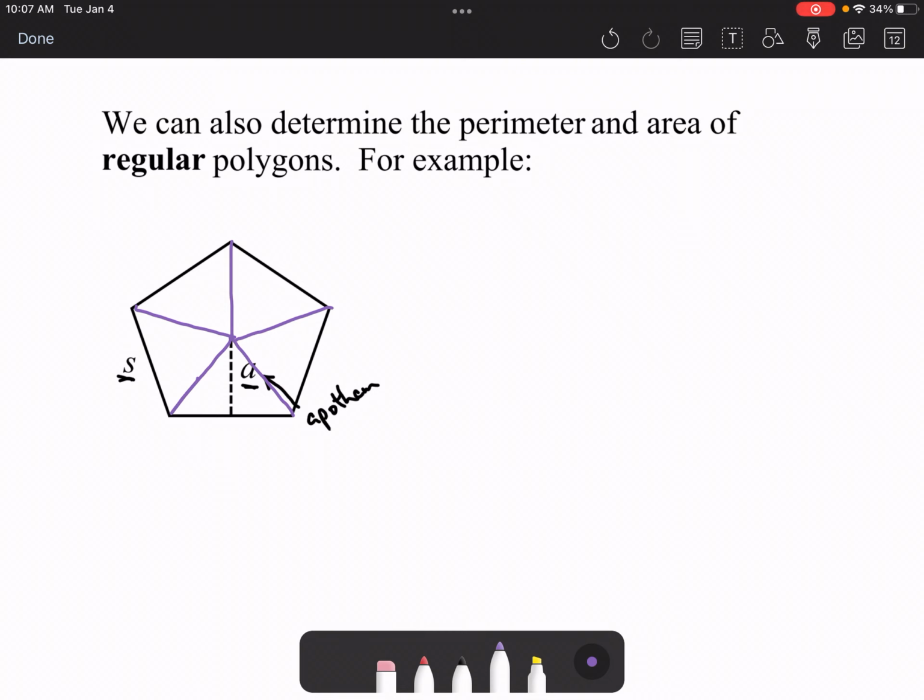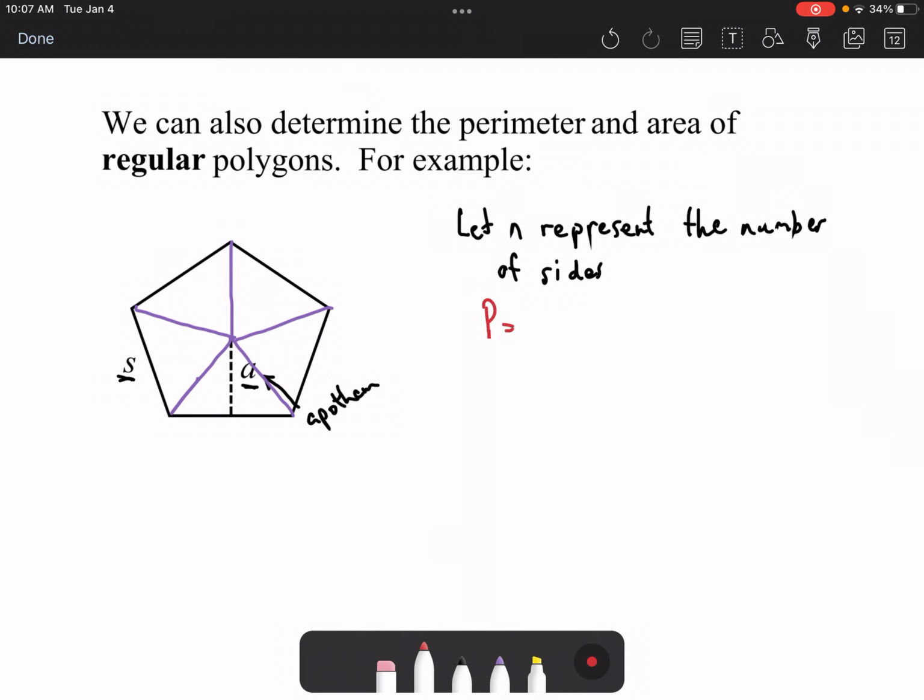So to figure out the perimeter of any regular polygon, where we're going to let n represent the number of sides, to calculate the perimeter, all you have to do is take n, the number of sides, and multiply by each side length, s.